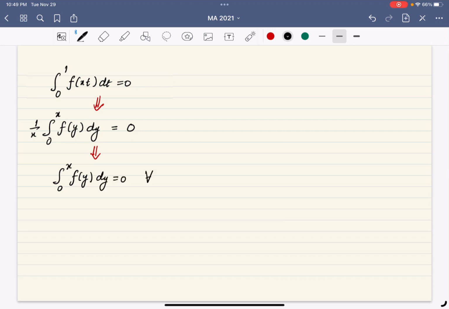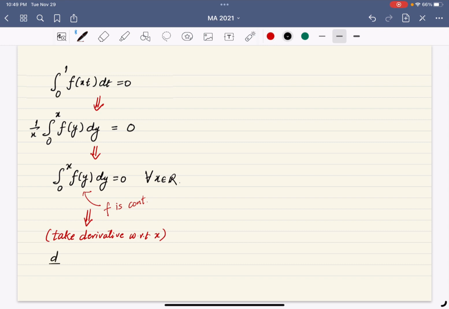Now one thing we notice is that this happens for all x, and also the function f is a continuous function. This is a crucial observation which we will use in a moment. Now from here, we see that both the sides are functions of x. Let us differentiate both sides with respect to x.